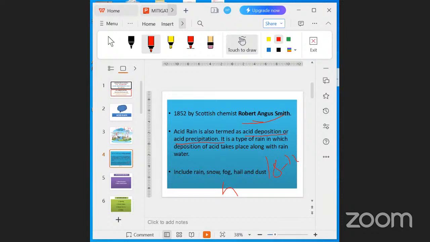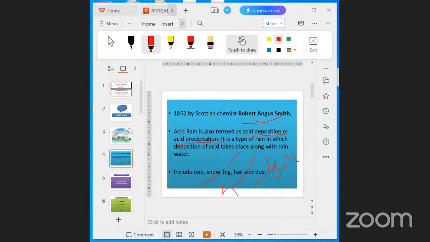This can include rain, snow, fog, hail, or even dust that has acid components. Atmospheric pollutants like oxides of nitrogen and sulfur react with rainwater and lead to the formation of acids like nitric or sulfuric acid, and fall with the rain. That is called acid rain, right?